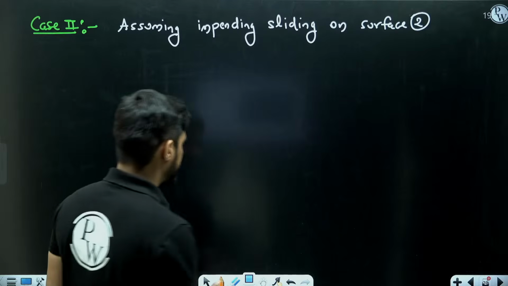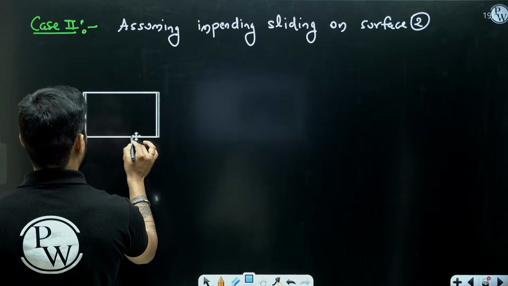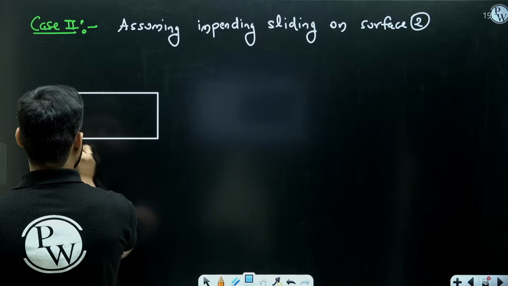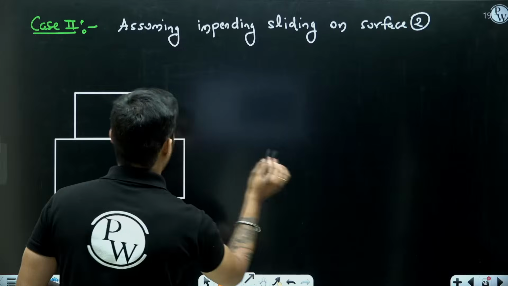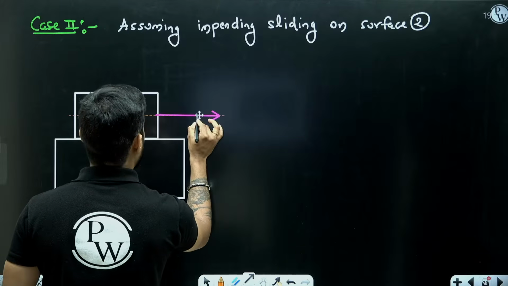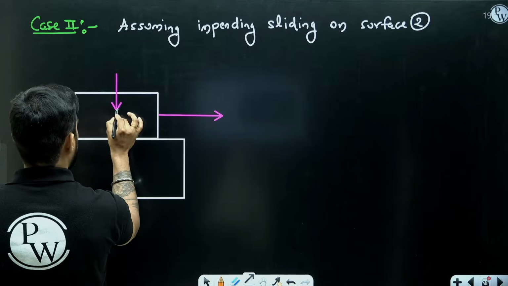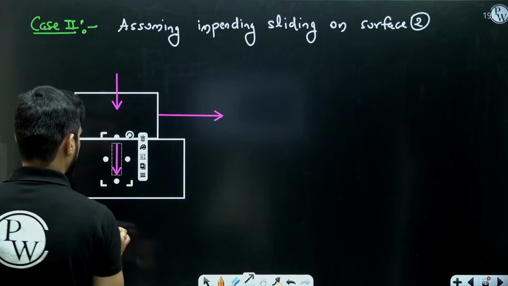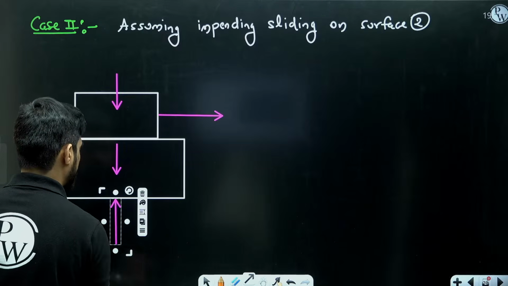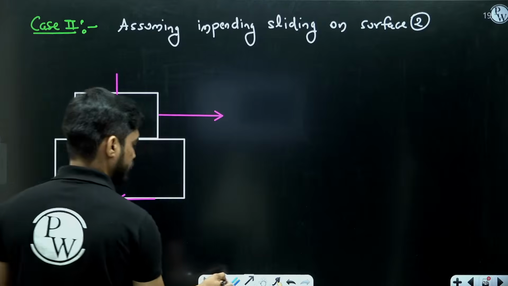Now, assuming impending motion on surface number 2, I will draw the FBD of block A and block B together. So weight of block A, weight of block B. There will be a normal force here and a friction force here.